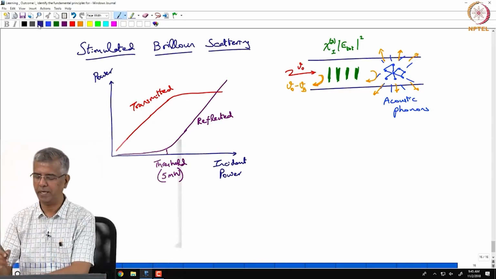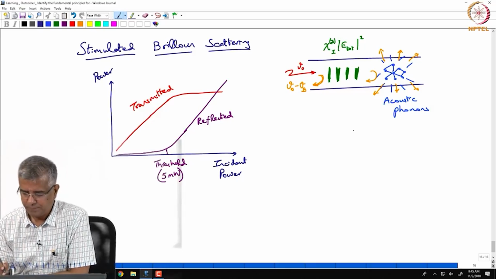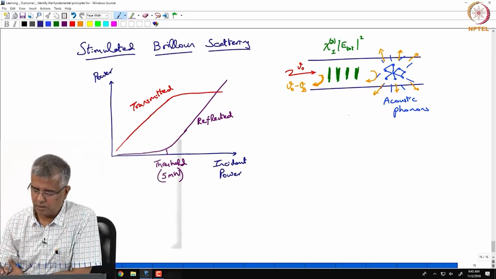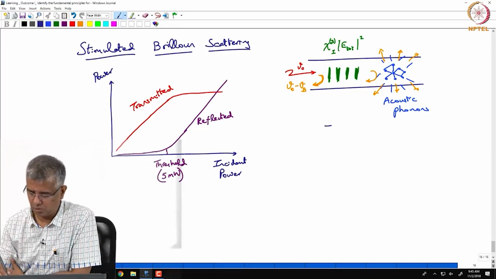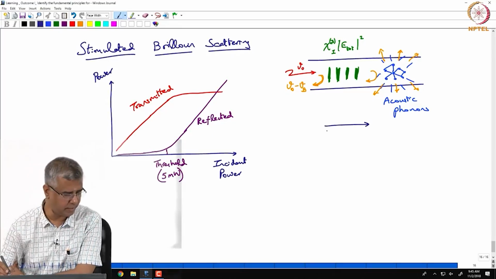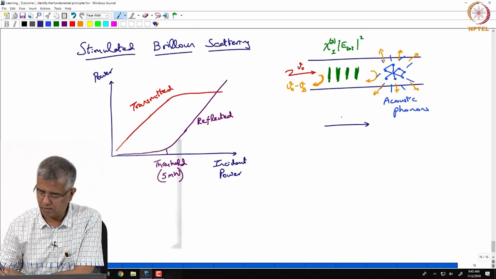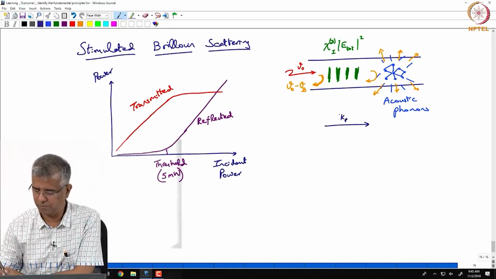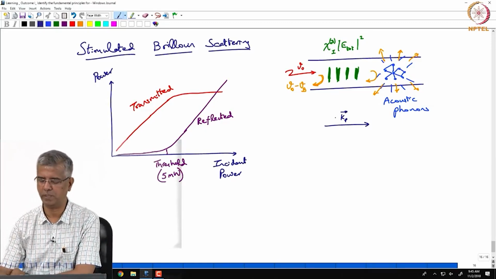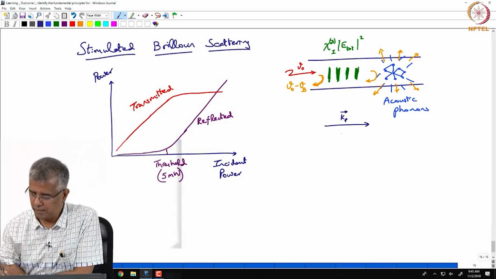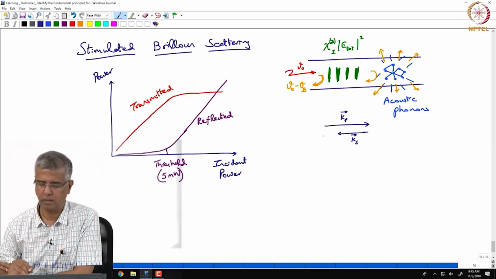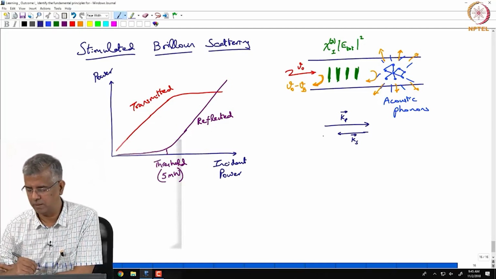and that downshift can be quantified by considering what is happening in terms of the k vectors, right. So, we have an incident k vector like this, let us call this the pump k vector. Pump is basically the incident k vector, and then what you have is Ks coming in the reverse direction.